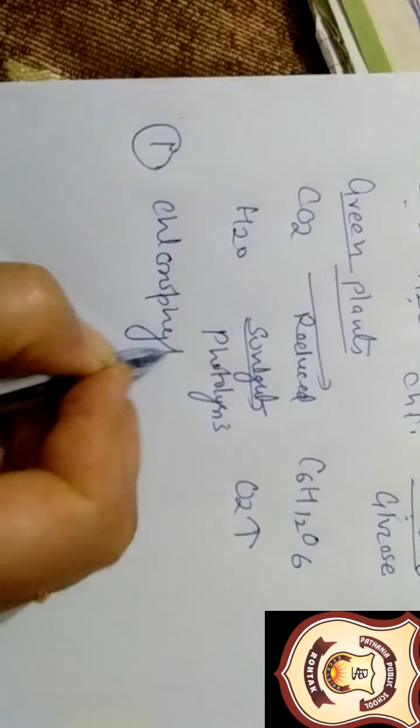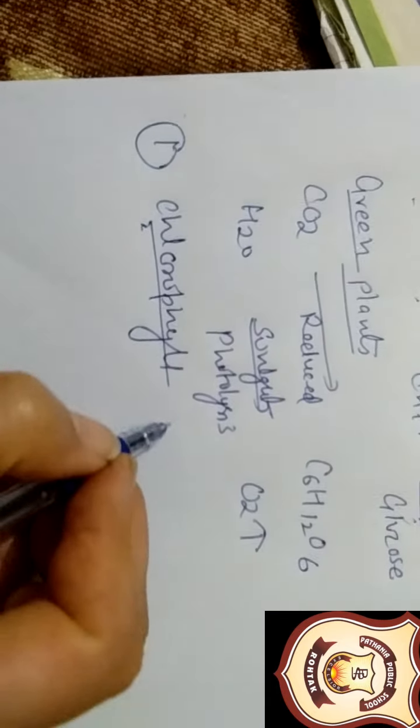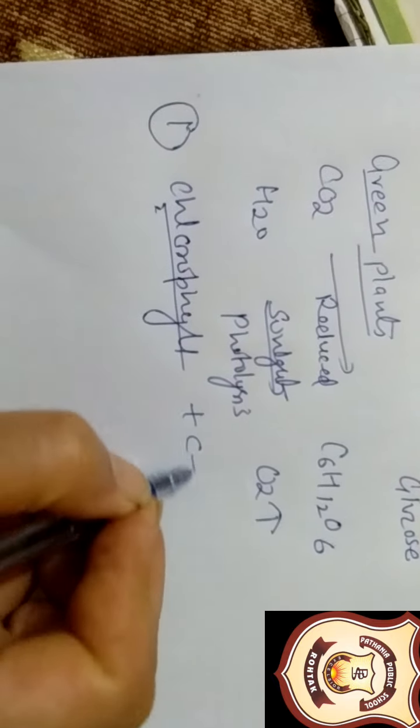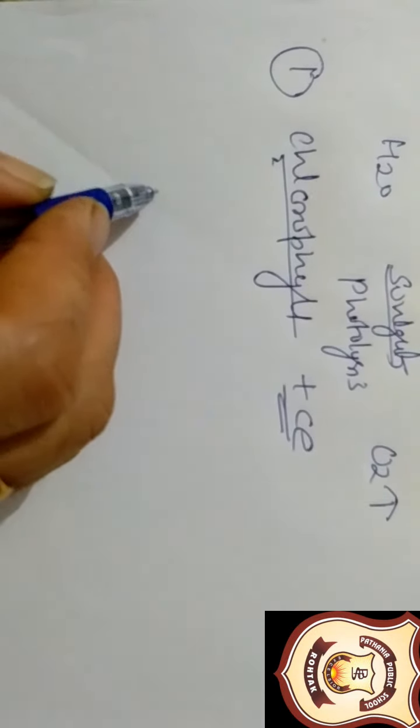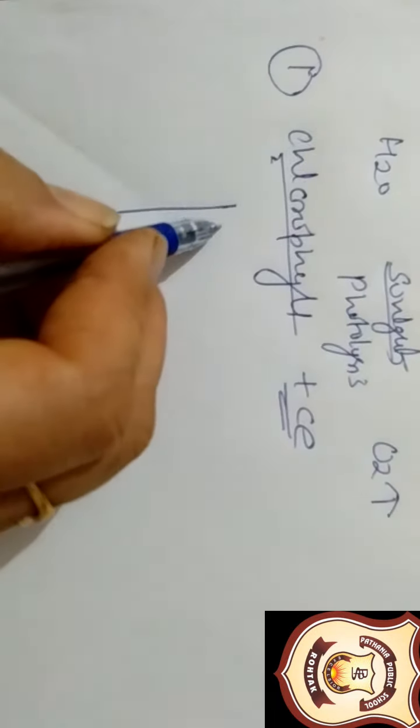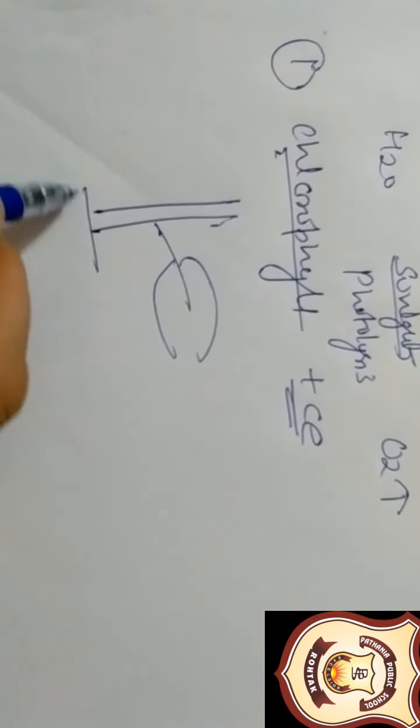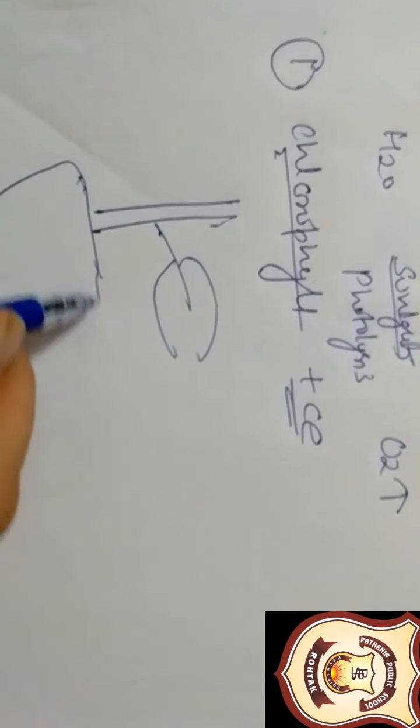The first experiment is that chlorophyll is required in the process of photosynthesis. So how can we prove that the presence of chlorophyll is required in the process of photosynthesis? We will take one potted plant this way.